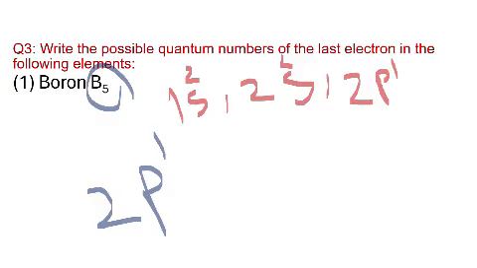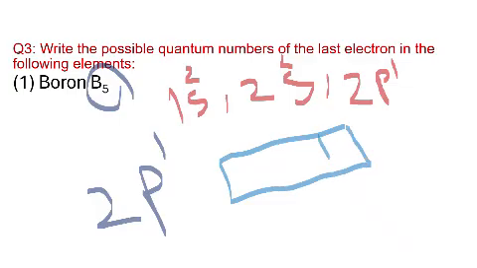Let's draw the orbitals: 1, 2, 3. We have only one electron. This electron will be placed here as a single electron because no pairing may take place. Sorry, I don't have enough electrons to make the pairing process. There is no pairing.